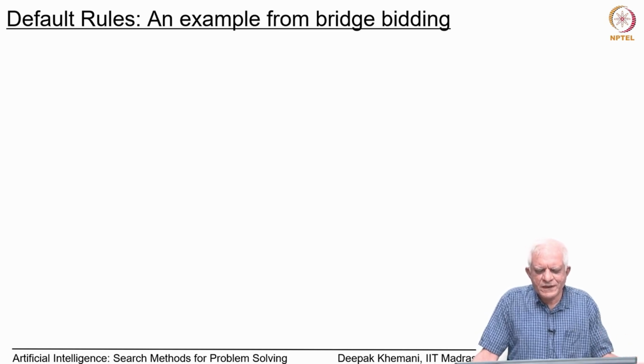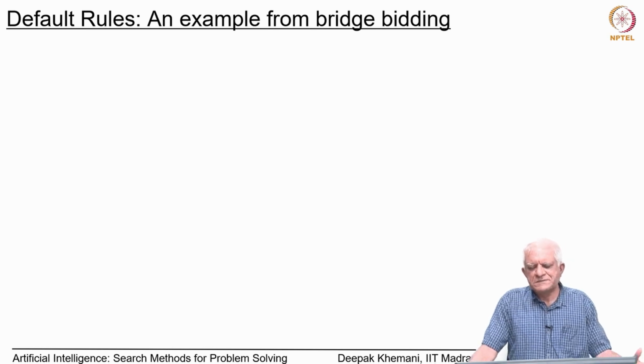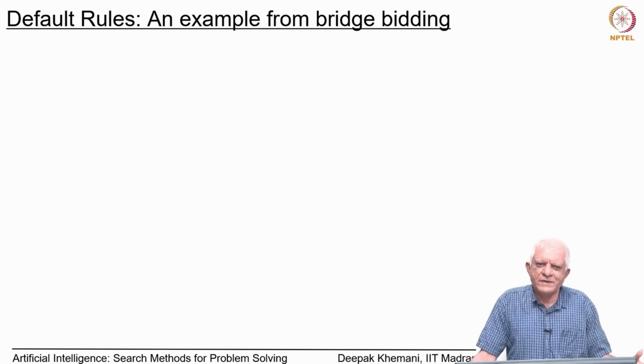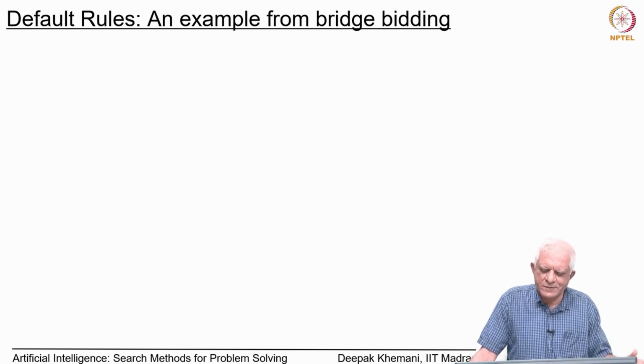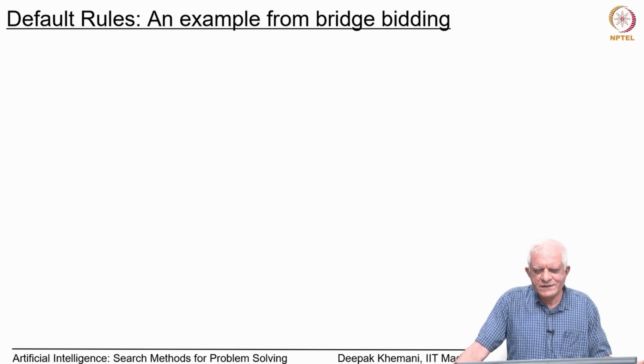Anyway, here is an example from bridge bidding. The game has two parts. We did mention it during game playing, right. The first part is the auction, where you bid for a contract, and the second part is the actual playing out, or trying to fulfill the contract. So, we are talking about bidding here, and we are talking about default rules.